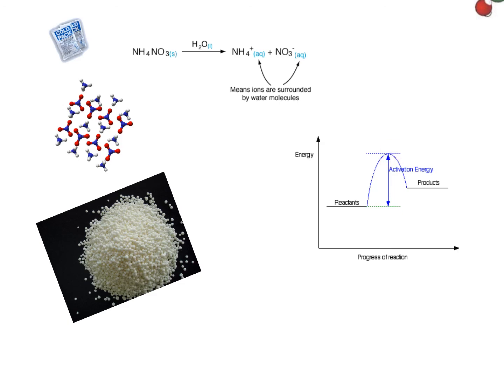It's going to take a lot of energy to get this reactant to separate into its constituent ions. And then, as the reaction progresses, the potential energy of the products is actually much higher than what the energy of the reactant started out as, meaning that energy was absorbed and we have an endothermic process.